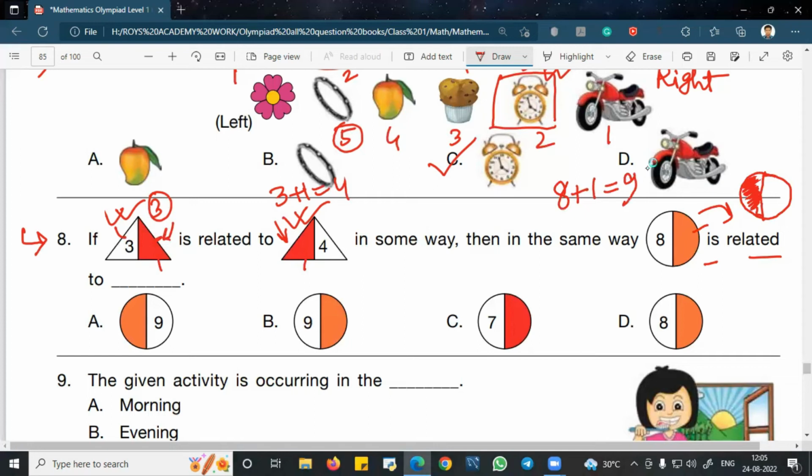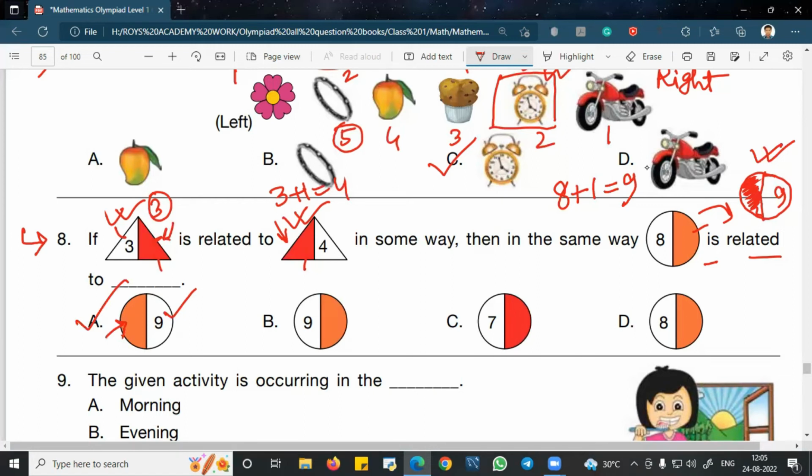So we write 9 there. This is the actual answer we get from this question. Let's find which option belongs to this answer. A will be the right option. In A, we can see on the right side the successor number, 9, is written, and the left portion is colored orange. So A will be the right answer. In this rational way, we have to find the right answer.